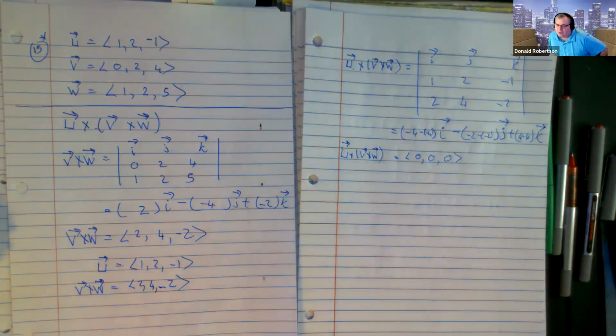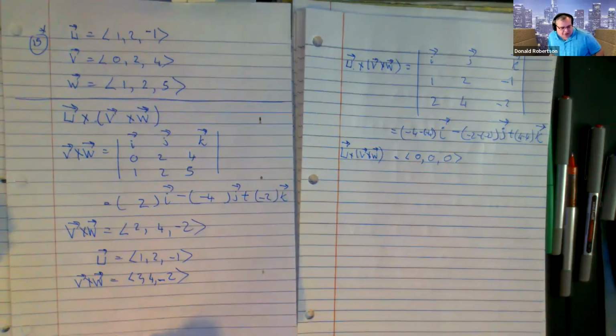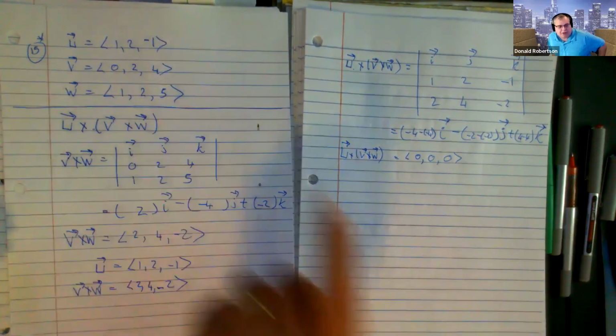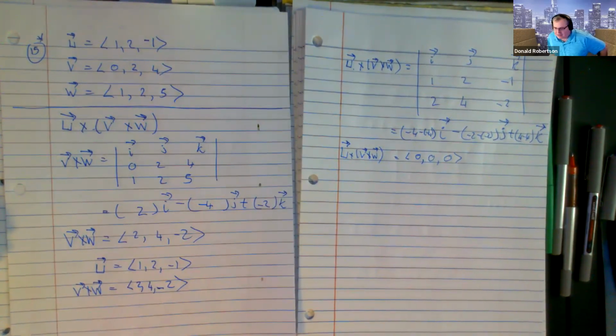Can you trust me that when you do that in general, you just get some three-dimensional vector, right? It's not 0, 0, 0 every time, in case you're thinking that. It just happens to be this one weird connection. What I strongly suspect is that the three vectors that I randomly chose at the beginning are connected in some way.